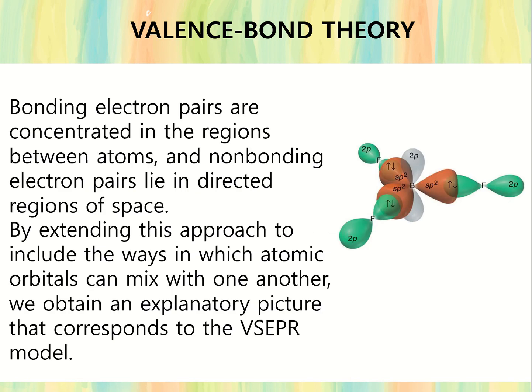And what it is really, is that bonding electron pairs are concentrated in the regions between the atoms, as we see in our diagram here. Our bonded pairs are concentrated in the regions between atoms, and the atoms that we see in that image are boron and fluorine.